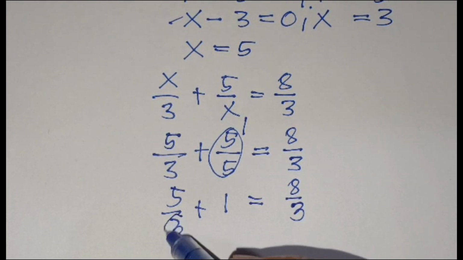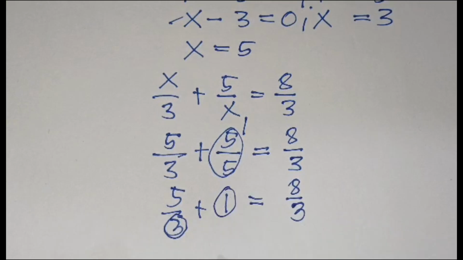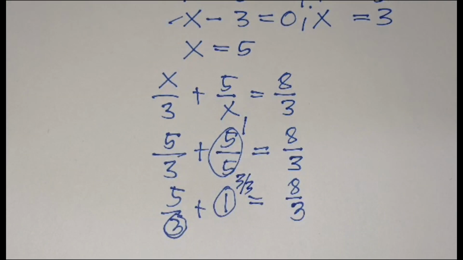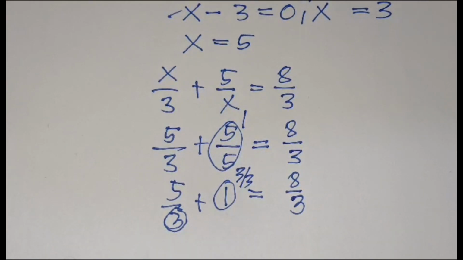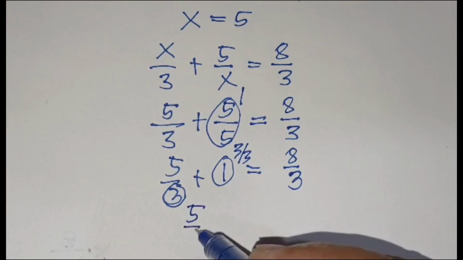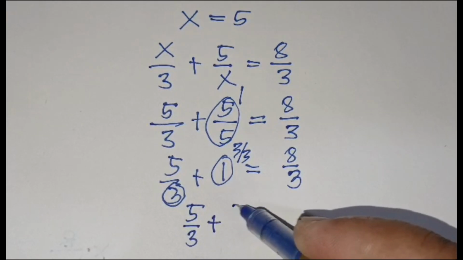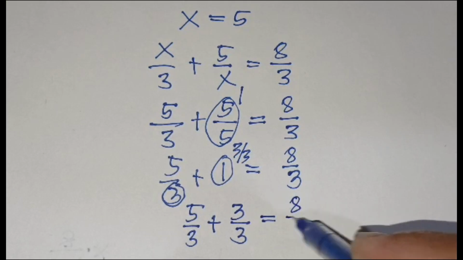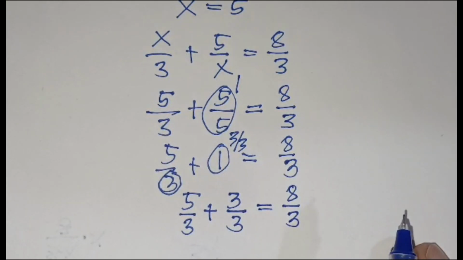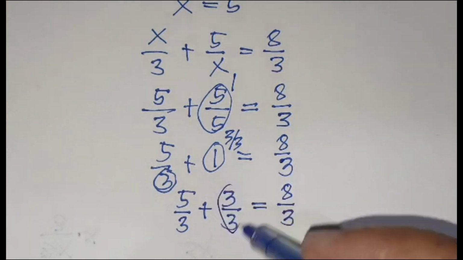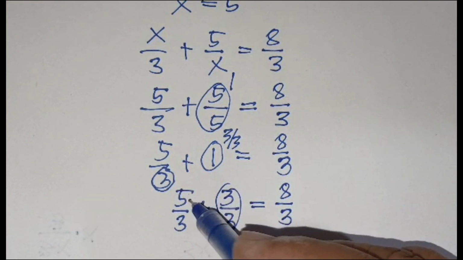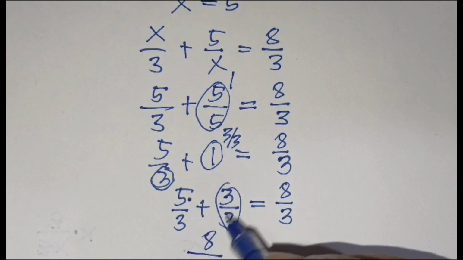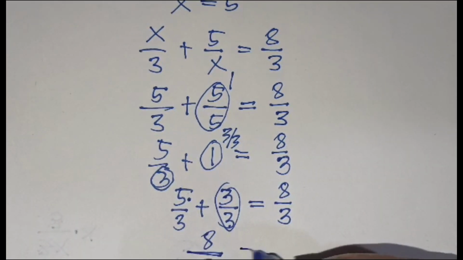Now, since we have the denominator of 3, we might as well express 1 as 3 over 3. So we write 5 over 3 plus 3 over 3 is equal to 8 over 3. So we know that 5 plus 3 is 8, and we just copy the common denominator 3.